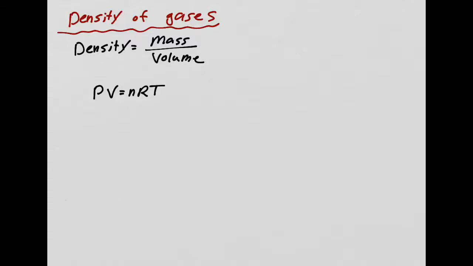What I'm going to do, instead of moles, I'm going to write moles as mass divided by molecular weight. I can do that, right? I can do that because how do you figure out moles? To figure out moles, you would take the mass and you divide it by the molecular weight to figure out moles. Do you agree? Oh, I forgot the RT.